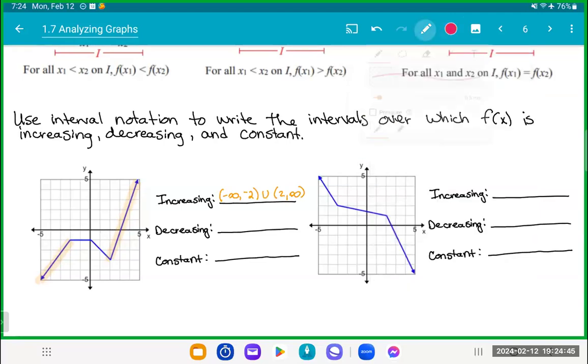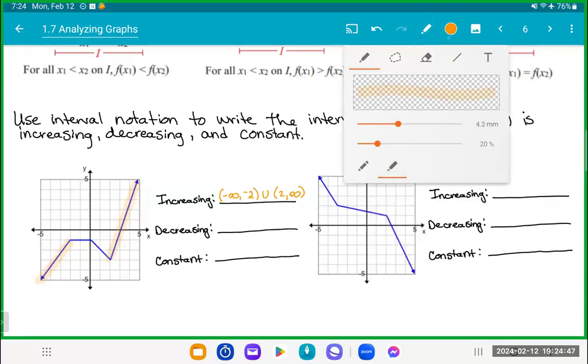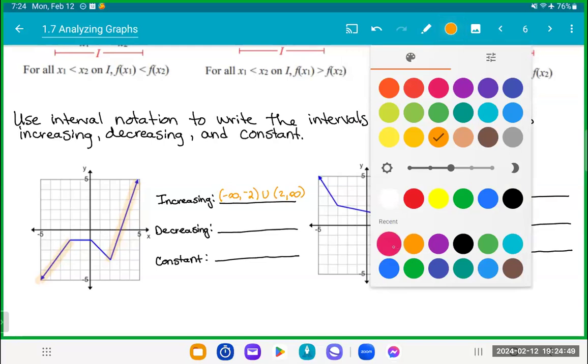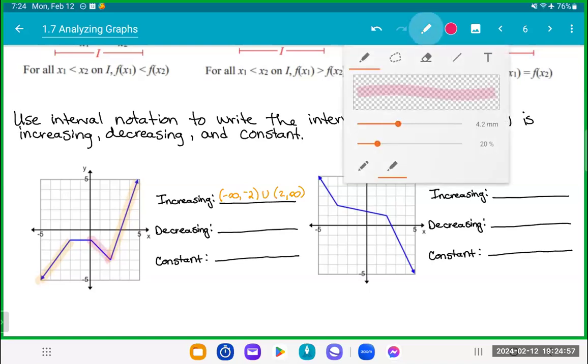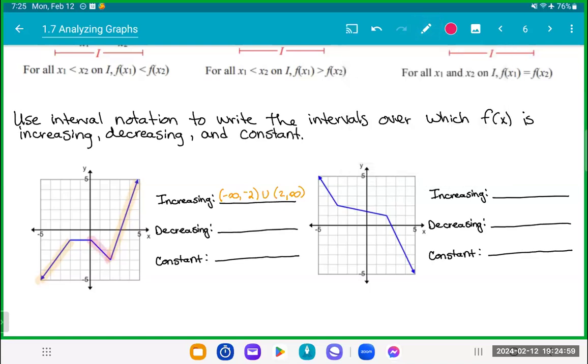We can also look at where our graph is decreasing. You can see that the graph decreases on this interval right here. And so that is from 0 to 2. So when X is 0, it decreases all the way until X is equal to 2.